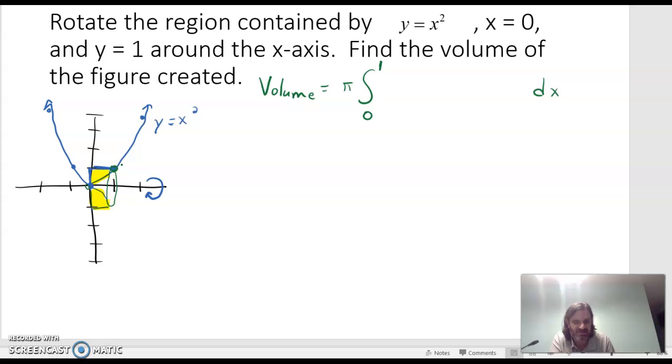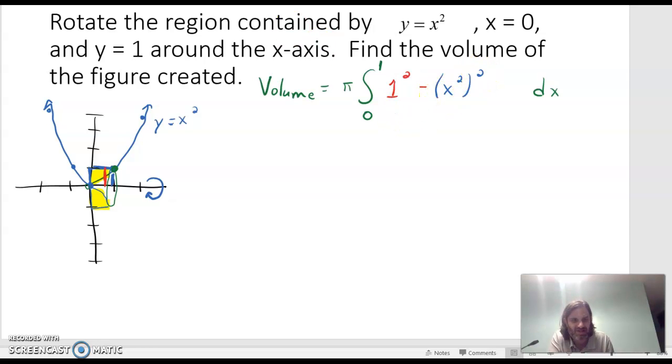So the outer region, as we go around there, would be the y equals 1 line. So the outer radius would be 1. And then the inner radius would be x squared. So the x squared squared dx.